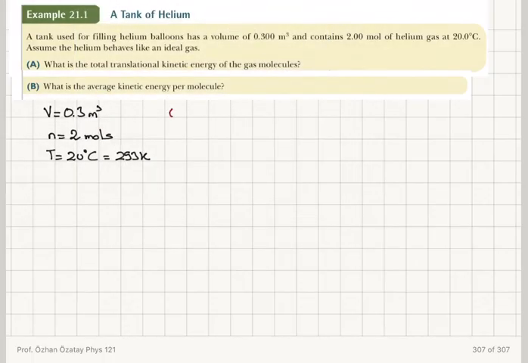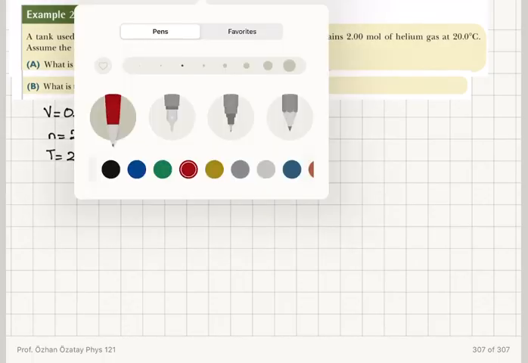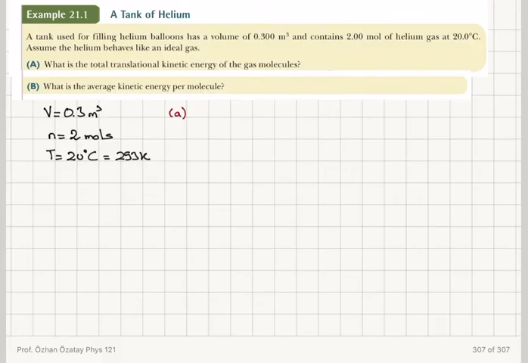So part A, what is the total translational kinetic energy of the gas molecules? The average translational kinetic energy per molecule is 1/2 m0 v square bar, and the total translational kinetic energy will be n times the average translational kinetic energy per molecule.